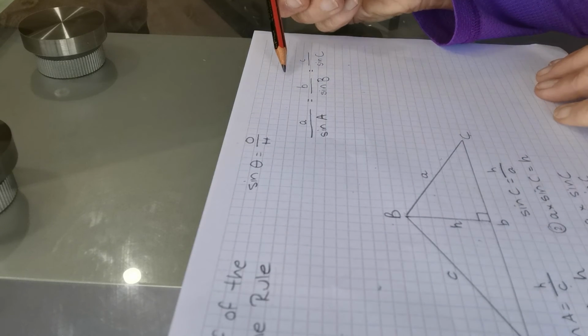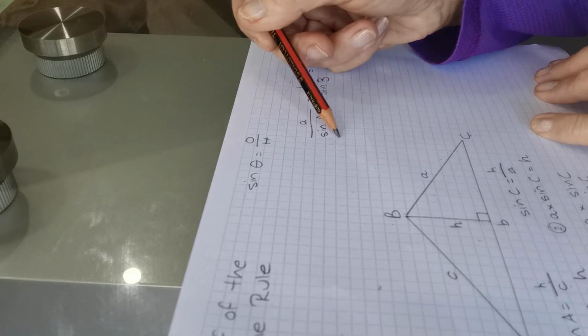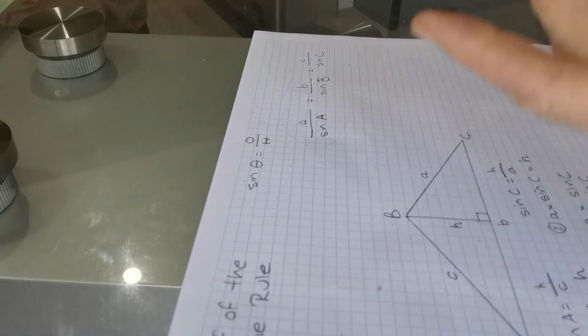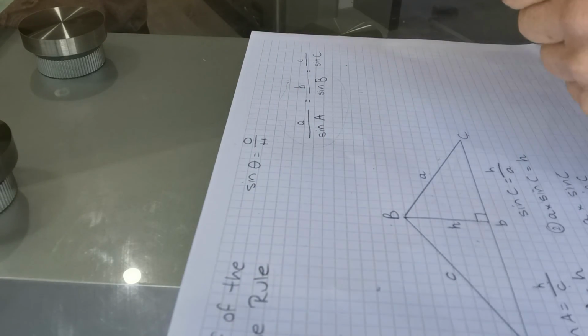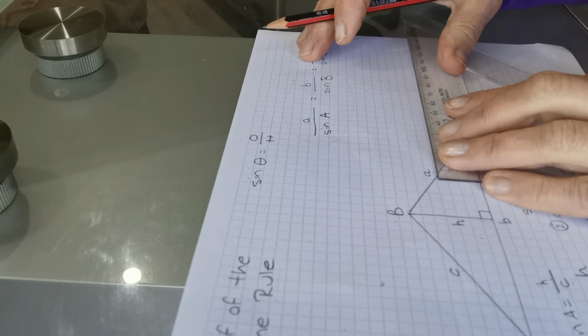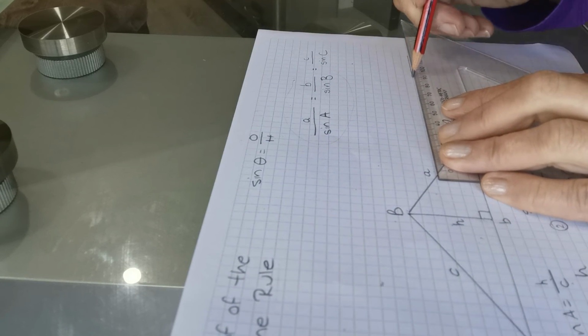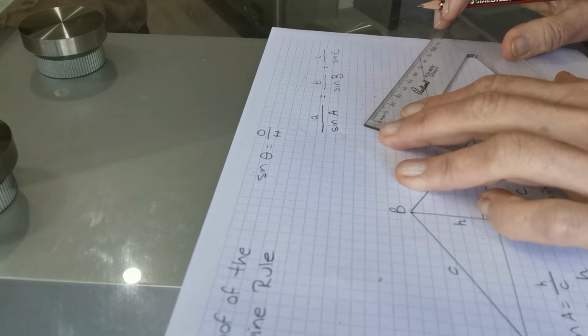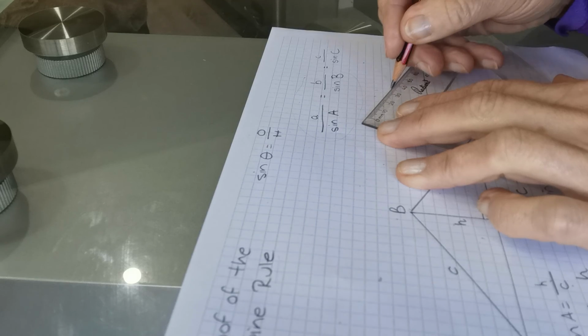Okay, now you usually only use two parts of this. You don't use the three parts in one go because it's just not necessary. So if you have any triangle, so if I just quickly draw a triangle, and it's a non-right angled triangle, so I'll be very careful that I make it look like a non-right angled triangle.